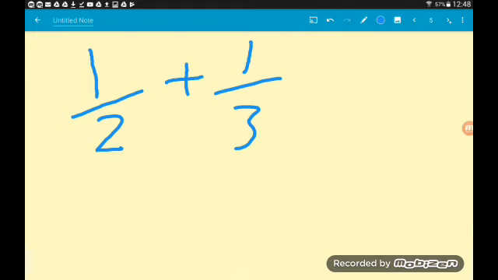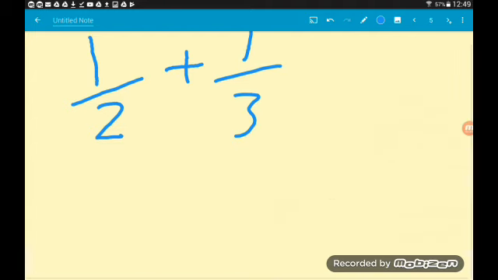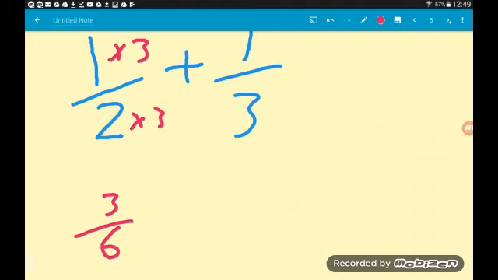So to do that, we're first of all thinking, what's the first number that 2 and 3 both go into, which is 6.